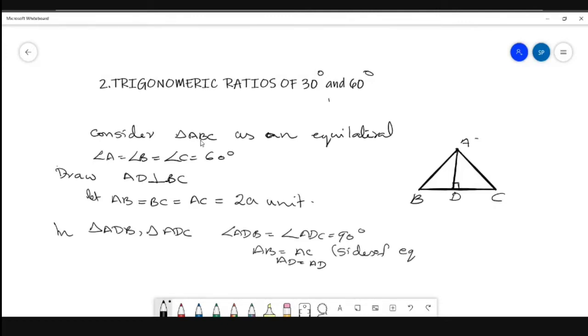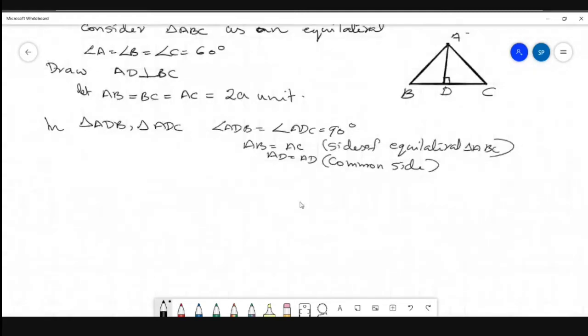Sides of equilateral triangle ABC. Now AD equal to AD, that is common side. So you can say that triangle ADB is congruent to triangle ADC by RHS rule.